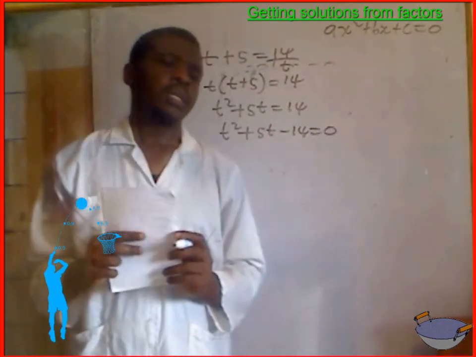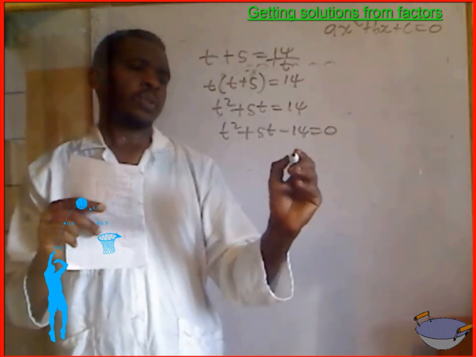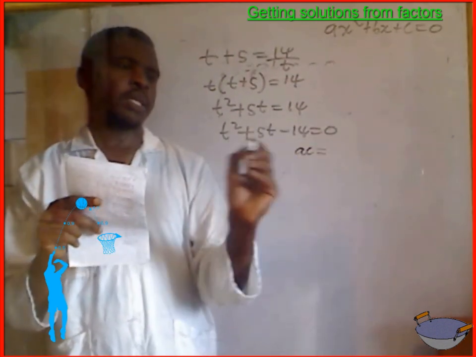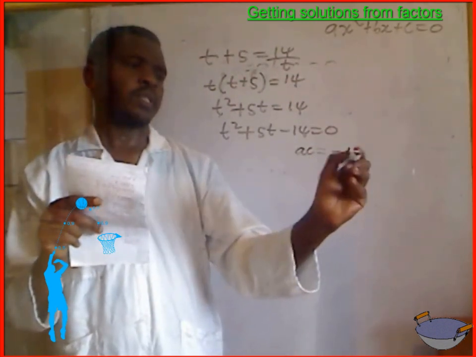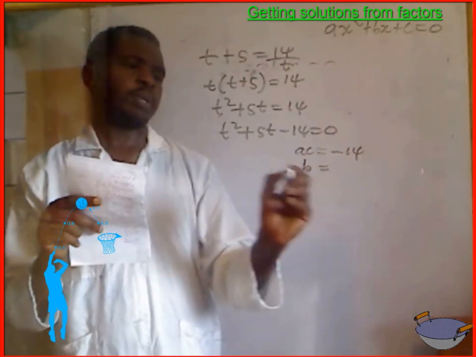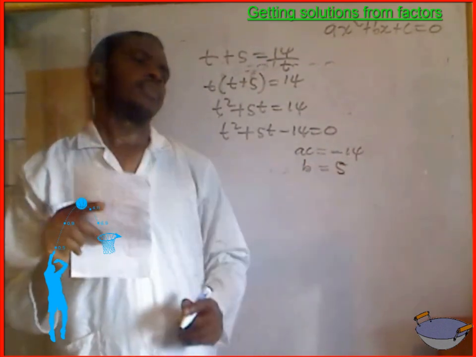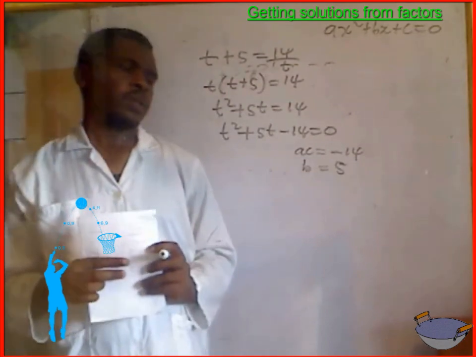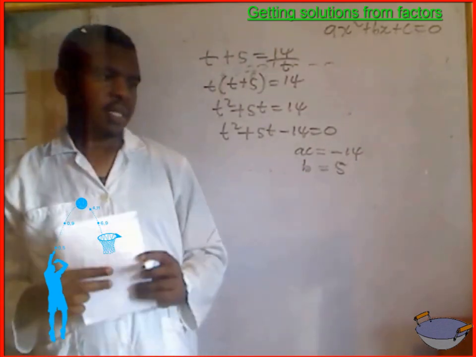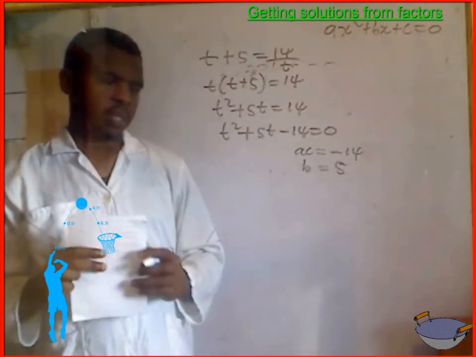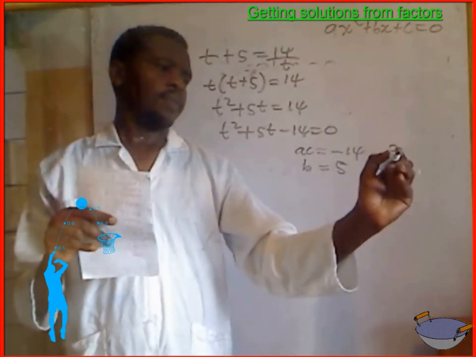What is the product of roots? AC. This is 1 times minus 14 gives me minus 14, and the sum of roots will be b, 5. The two factors of minus 14 that when added will give us 5. We'll have 7 and minus 2.